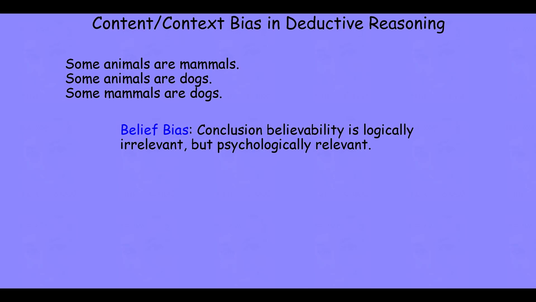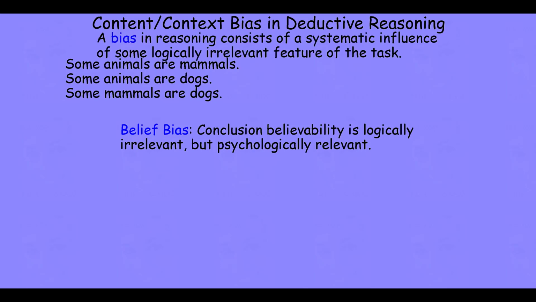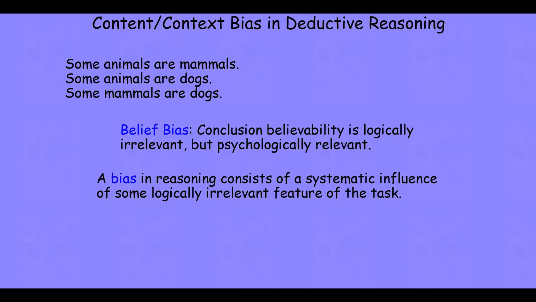So our bias about the believability of the conclusion affects our evaluation of the entire argument, whether or not the argument in fact gives us good reasons for believing that the conclusion is true. In both of these cases, a bias in reasoning is just a systematic influence of some logically irrelevant feature on the task of inference.